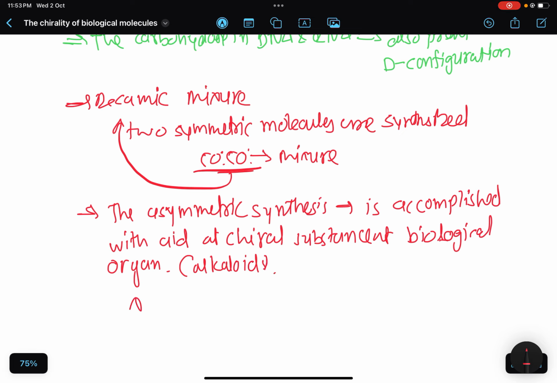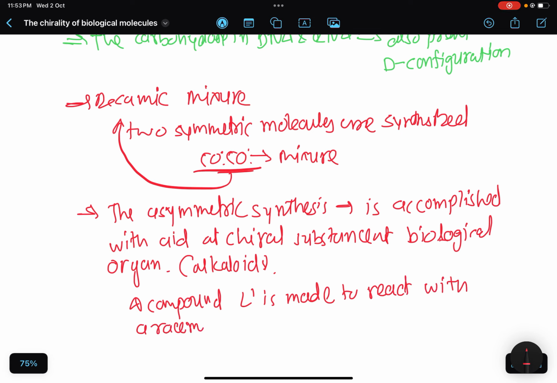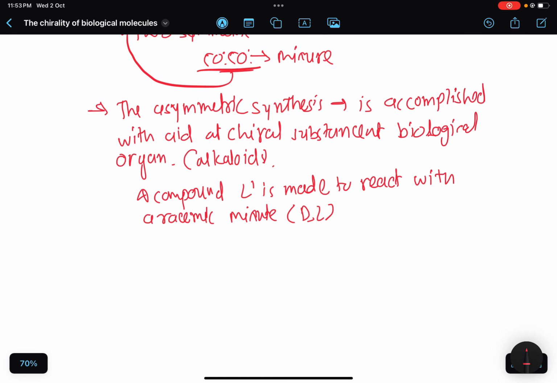A compound L' is made to react with a racemic mixture DL: DL plus L' is equal to DL' plus LL'.